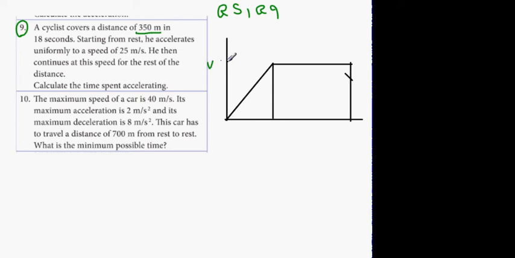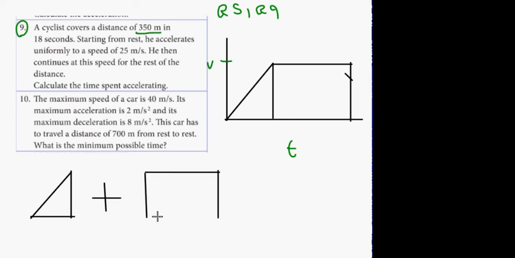So, velocity here, time on the x-axis. Now, what can you tell me about the area of the triangle plus the area of the rectangle? What's the answer when you add both areas together? The answer is 350, because the area under both of them equals the distance covered. Now, we know that the total time is 18. Can anybody suggest a time system we could use?